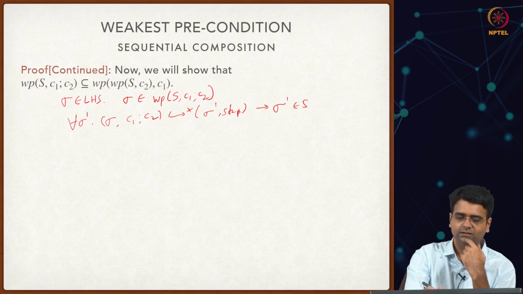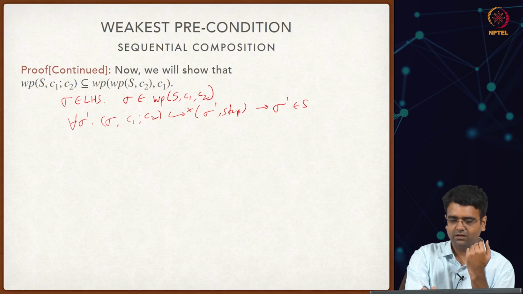Since sigma is in WP(S, C1;C2), executing C1 semicolon C2 on sigma, if it leads me to a state sigma prime, it must be in S.